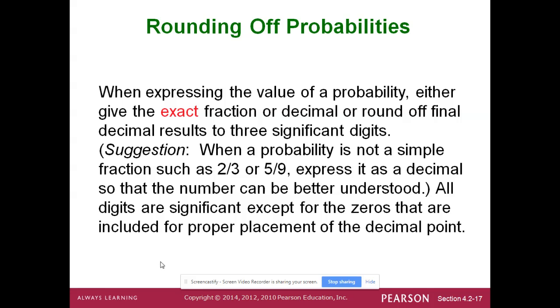And we're dealing with probability. If it's an exact fraction, you can leave it that way, like 2/3 or 5/9. But if we're going to express it as a decimal, we go to significant digits. All digits are significant except for the zeros that are included in the proper placement of a decimal point.